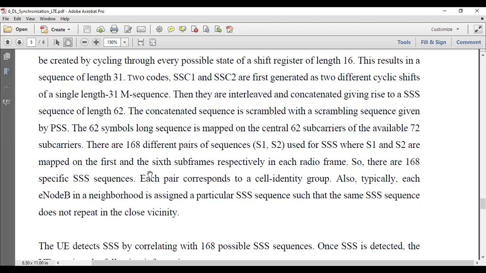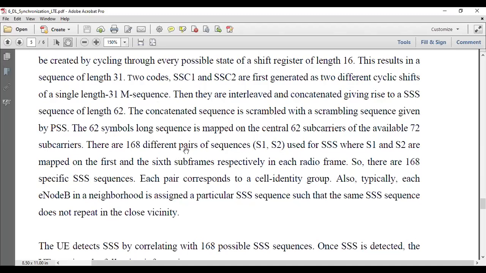I mean, you have 168 different groups. Each group corresponds to one pair of sequences, and that sequence you use in the place of SSS.